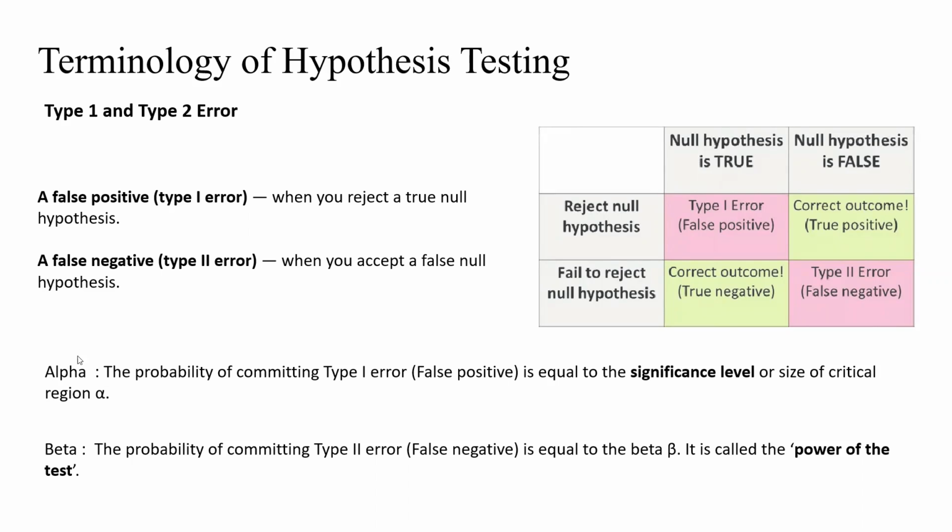For the next topics we are about to discuss, we will mostly be involving type 1 error. Type 1 error is also involved in what is called the significance level. The probability of a type 1 error happening in your hypothesis test is normally termed the significance level, which we will talk about in detail later.